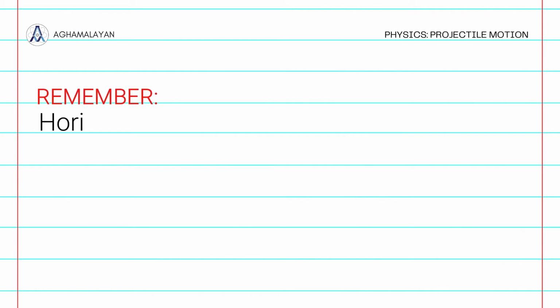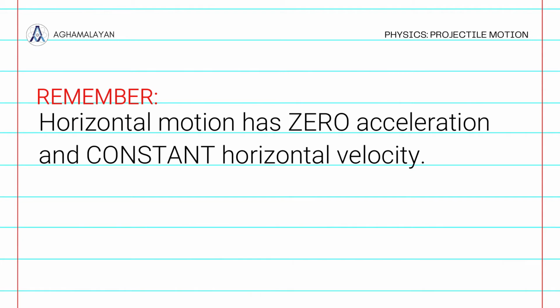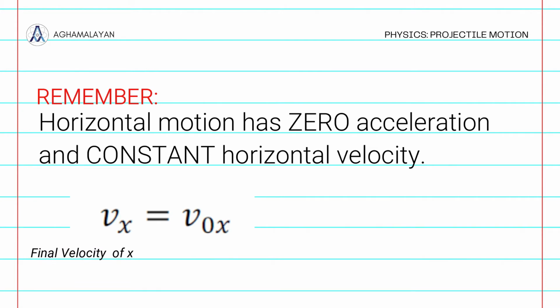Remember that the horizontal motion has zero acceleration and constant horizontal velocity. So, you will only need to remember two equations for horizontal motion. Vx, or the final velocity of x, would always be equal to the initial velocity of x, since there is zero acceleration.